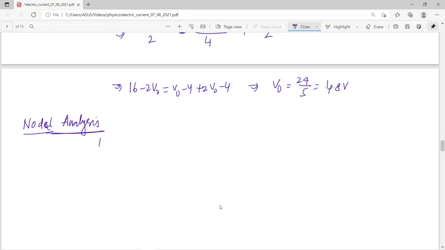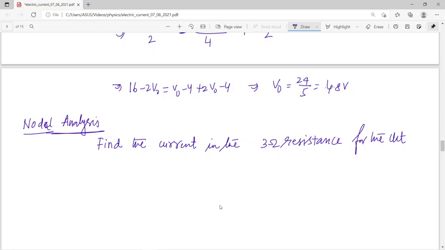Questions may come like this: find the current in the 3 ohm resistance for the circuit that is given. Say this is 2 ohm, and this is positive, negative, 4 volt. Say this is 3 ohm, this is negative, positive, 2 volt.